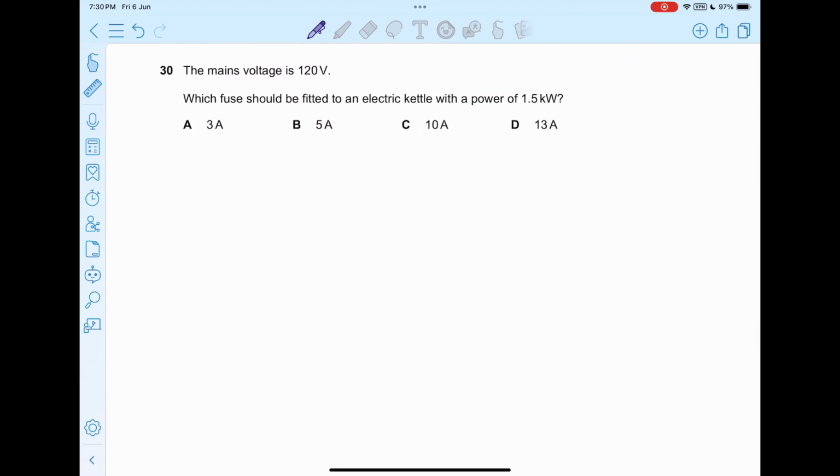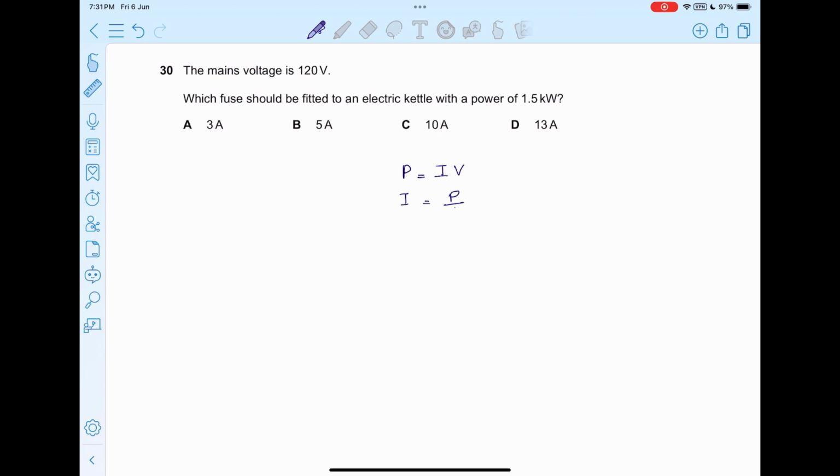Number 30, the mains voltage is 120 volts. Which fuse should be fitted to an electrical kettle with a power of 1.5 kilowatt? So the current in a 1.5 kilowatt kettle can be figured out using P is equal to IV.